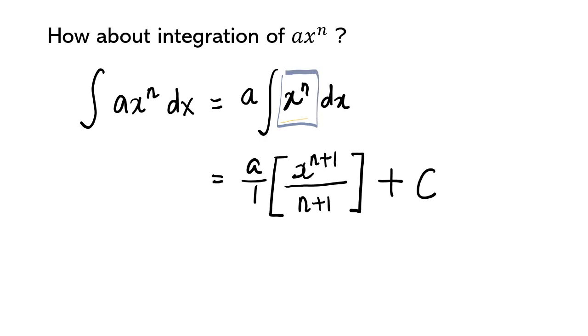You just take the power n plus 1 divided by the new power, and a can be written as a over 1, so what you get will be a times x to the power n plus 1 over n plus 1 plus a constant c, where c is an arbitrary constant. Arbitrary meaning it's not a fixed constant, it can vary.